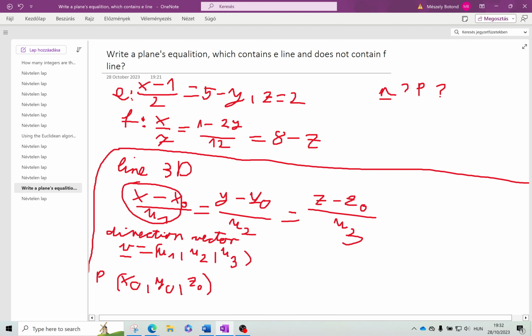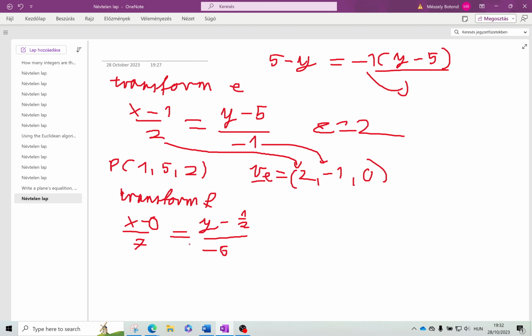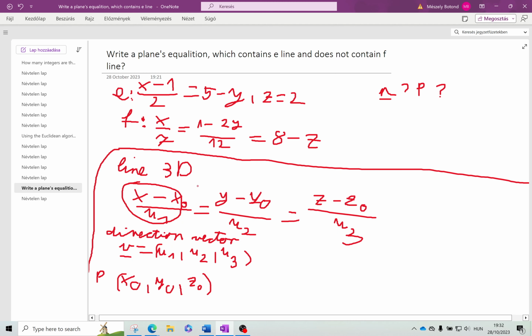We had to divide by minus 2 because here the parameter is multiplied by minus 2. So we divided by minus 2. y minus 1 divided by minus 2 is minus 1.5. 12 divided by minus 2 is minus 6. So we got this. This also looks like how it should.